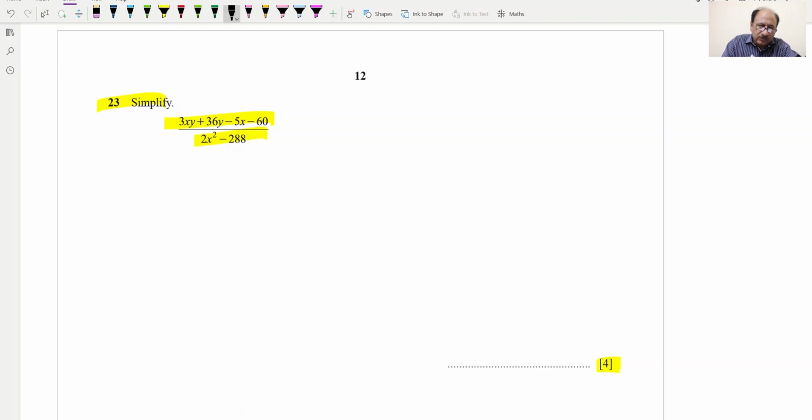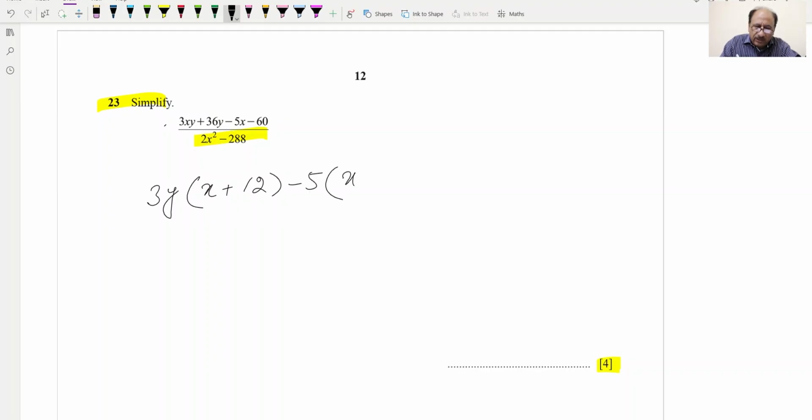So we can take common from these two. We can take 3 and y common. So inside will be x plus 12, and from the second term we can take minus and 5 common.